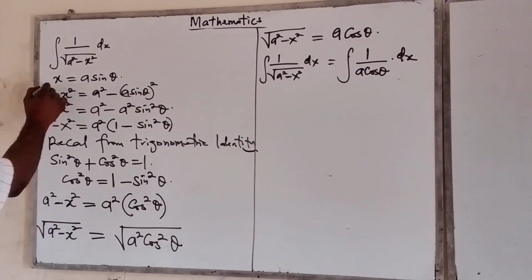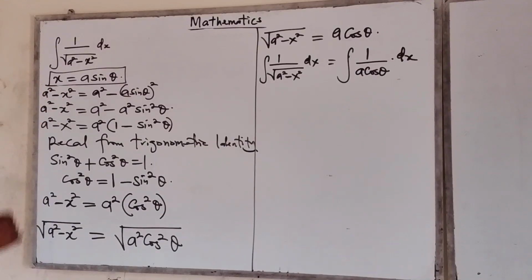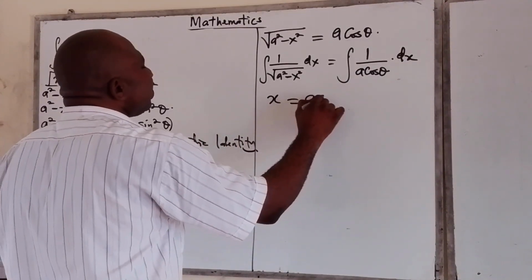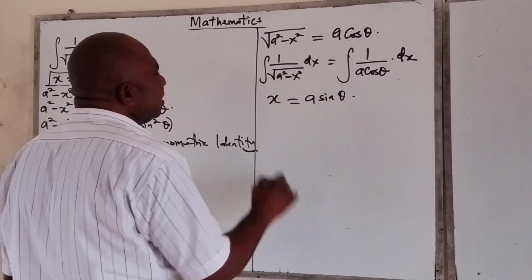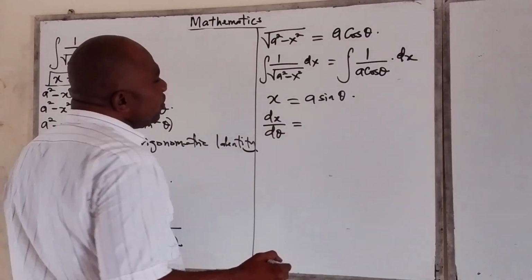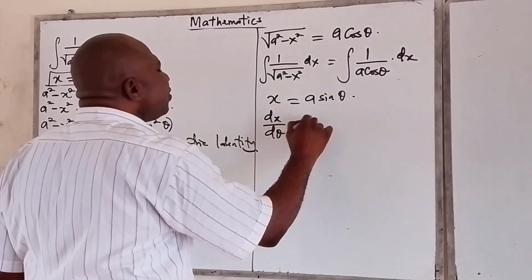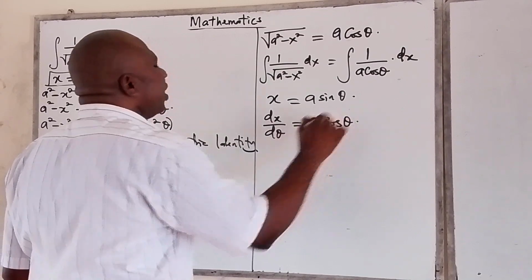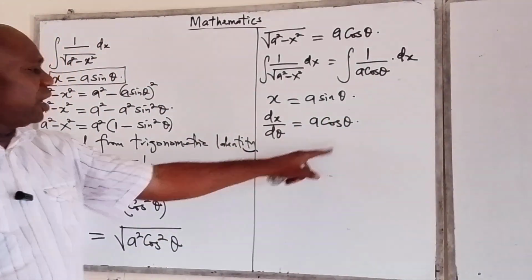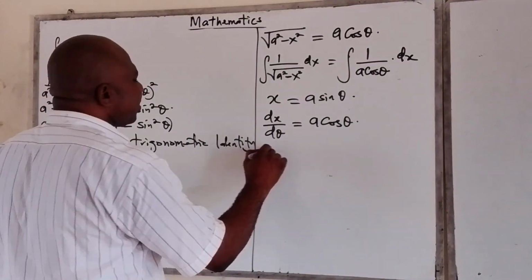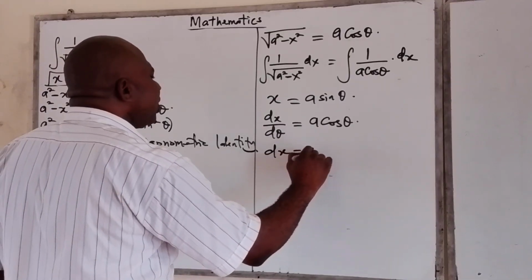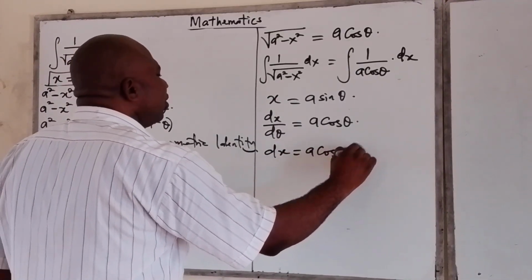Let's look at the equation x is equal to a sine theta. If you differentiate a sine theta, it gives a cos theta, because the derivative of sine theta is cos theta. So our dx, when you cross multiply, will give us a cos theta d theta.